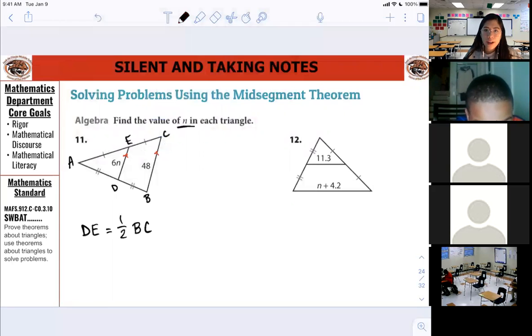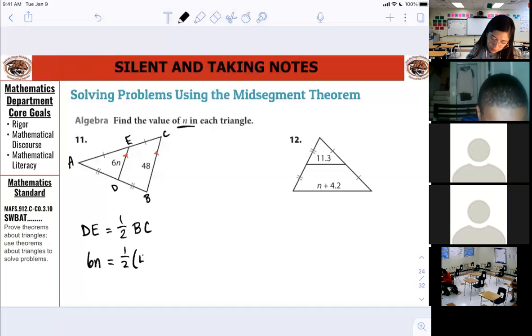So I can go ahead and use the values that I have and figure out my answer. So because of this relationship, I know I can set up 6n equals 1/2 of 48. And from there, I can solve and figure out the value of n. So take a moment. What is the value of n?